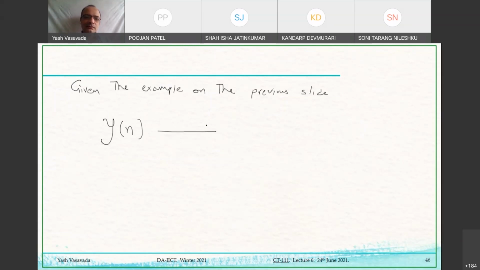Y of n: if I move towards the right, I do Fourier transformation. If I move towards the left, I do inverse Fourier transformation. And this is fill in the blank.